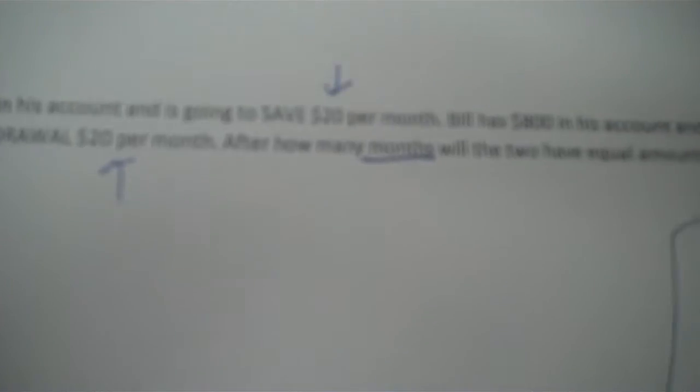Okay, so my dollars per month, I know, well, it's $20 per month, and this guy has $20 per month, so you're like, oh, they're both the same. Well, they're actually not going to be. This guy's saving, so it's positive 20, but the other guy's withdrawing, means he's taking it out, so that would be a negative 20.